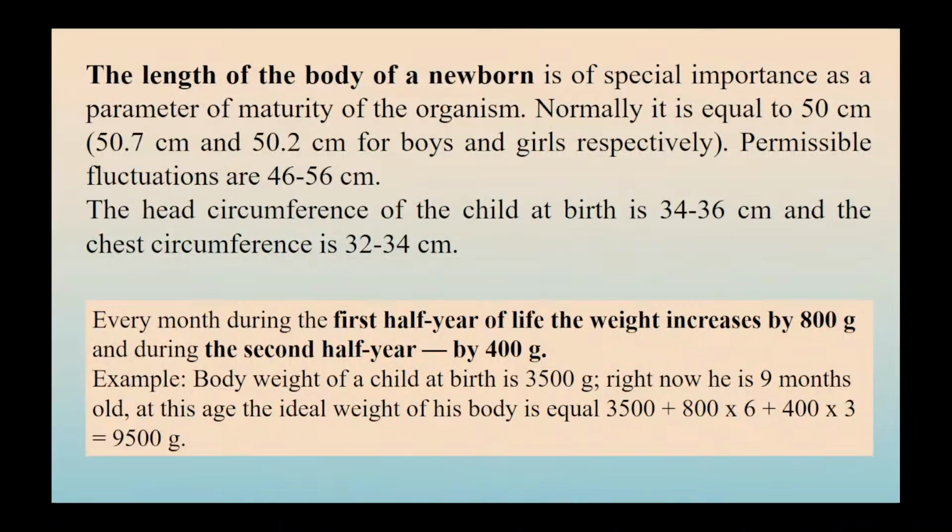The body length of a newborn is of specific importance as a parameter of maturity of the organism. Normally, it is equal to 50 centimeters. The average is 50.7 centimeters for boys and 50.2 centimeters for girls respectively.